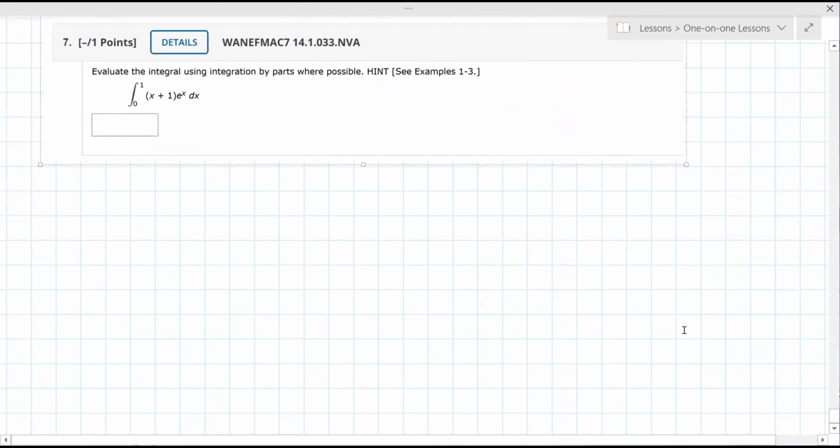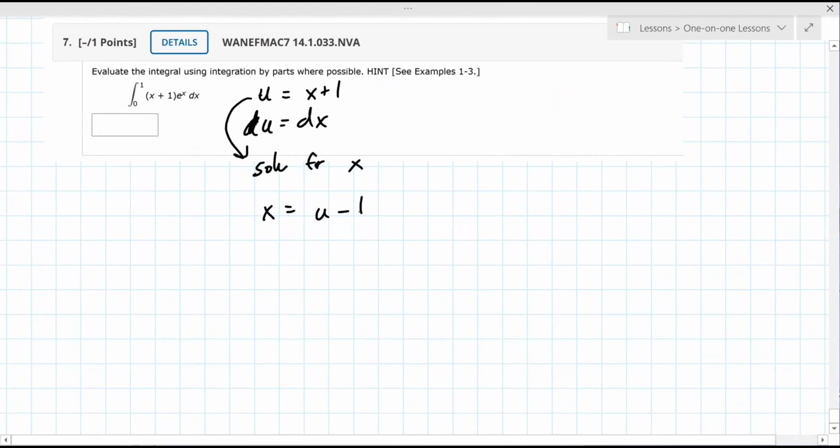So 7 is kind of that exam question where you need to know what to do. If you know to set u equal to x plus 1, and that means that du is dx, and if you solve for x, you know that x equals u minus 1.